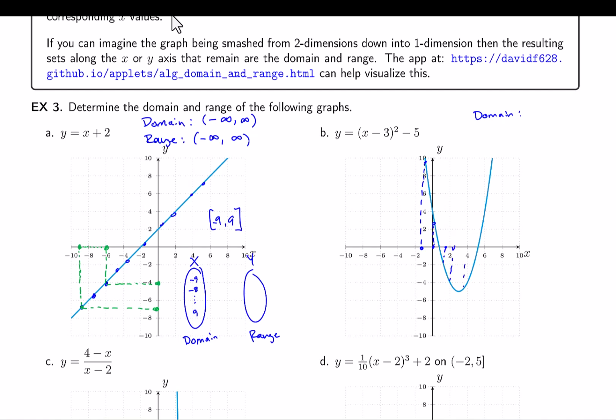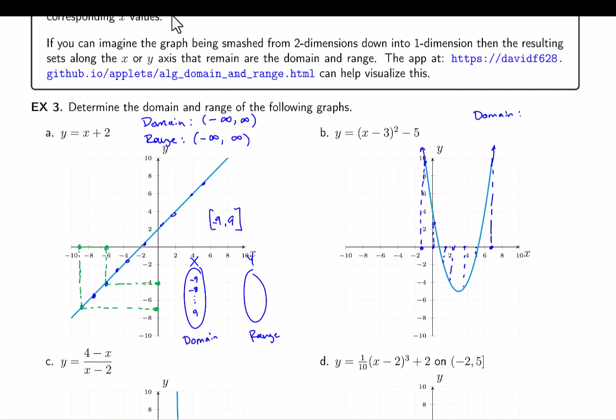Now, it might look like it's restricted from, say, negative 1.8 to 6.4 or something like that. But this graph is increasing so rapidly, we don't really see it continuing on to infinity. It continues in the same pattern.